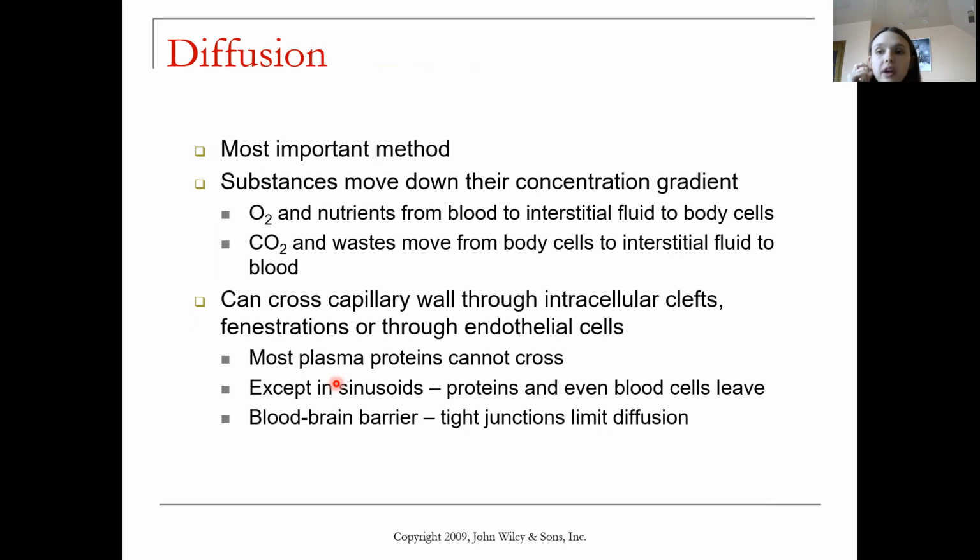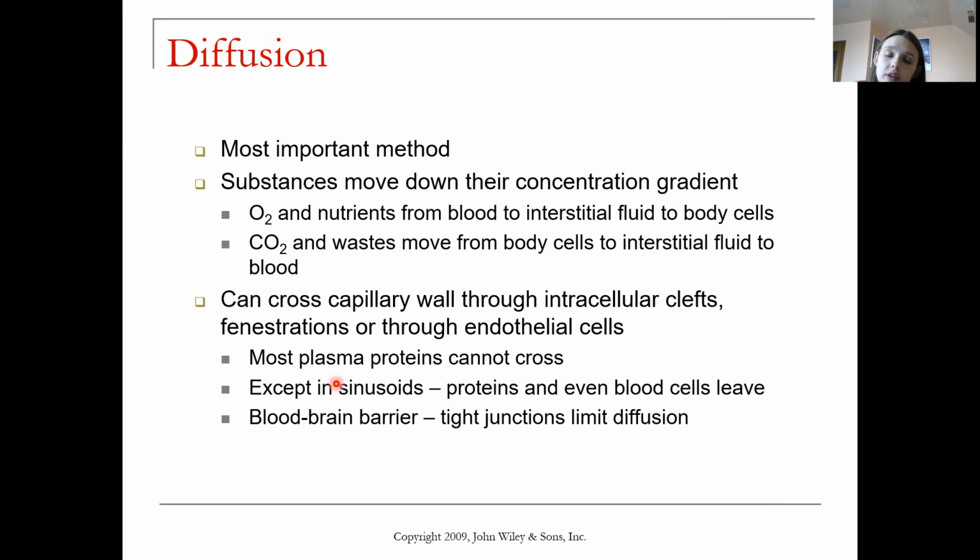Substances move down their concentration gradient, from high concentration to lower concentration. Oxygen and nutrients from the blood move to the interstitial fluid and to the body cells. Carbon dioxide and wastes move from body cells to interstitial fluid and then to the blood.